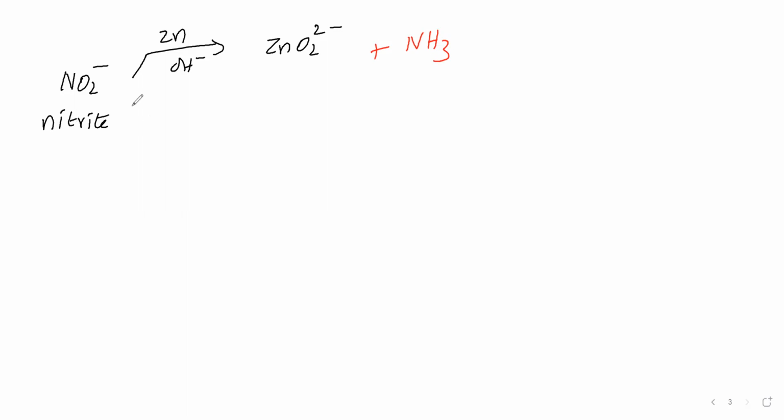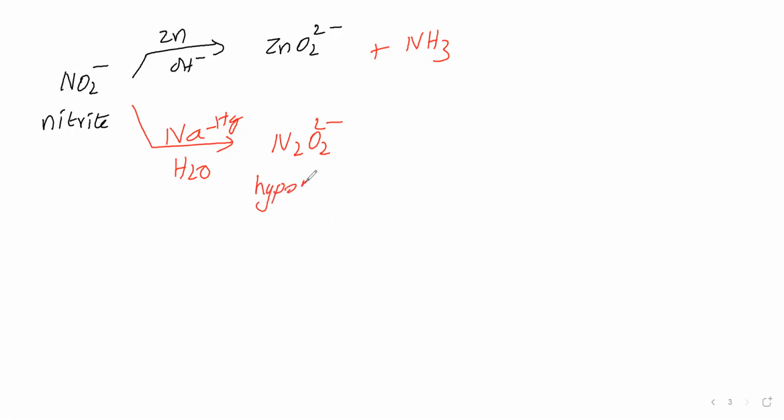Sir, now we will take another reducing agent, sodium amalgam in water. Here sodium is converting into Na plus, that we know. This nitrite is converting into hyponitrite.